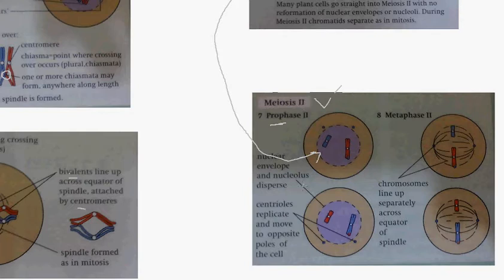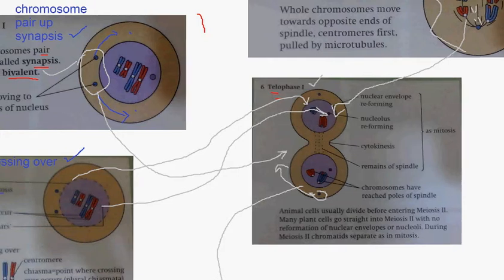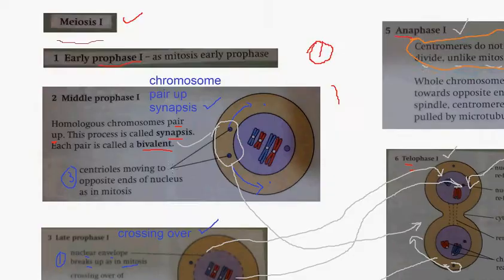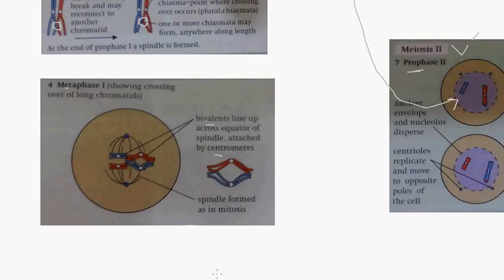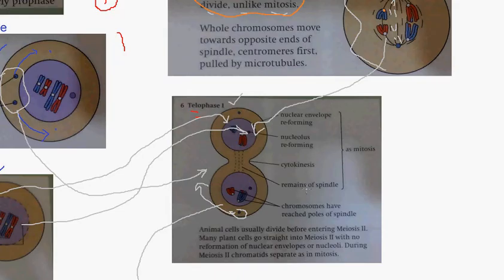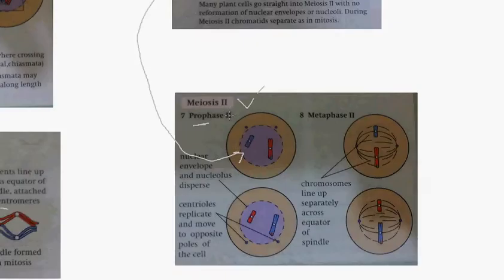And as usual, nuclear envelope and nucleolus again disperse. Here we know that in meiosis 1, in the prophase stage they disappeared, and then they were not there at all, and then they formed in the telophase. And in meiosis 2, in the prophase stage, again they have to disappear.